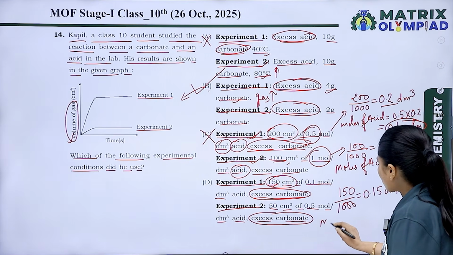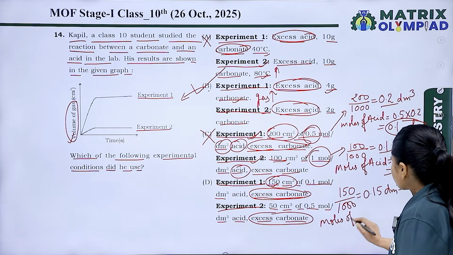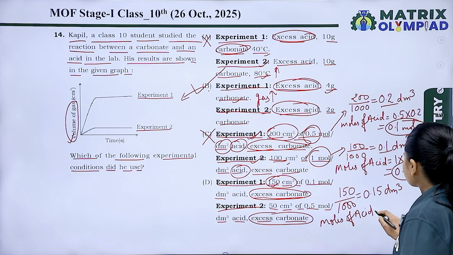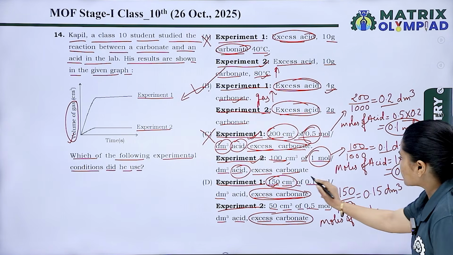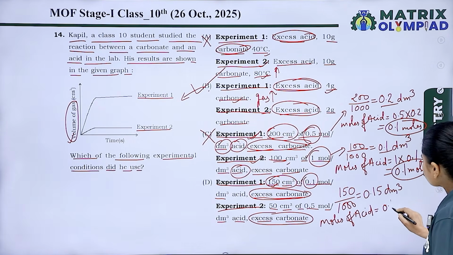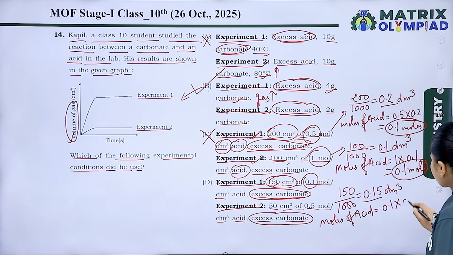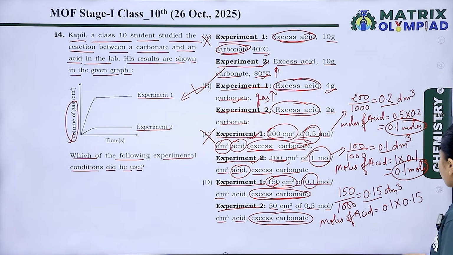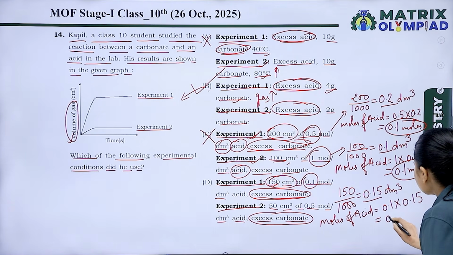Now moles of acid can be calculated by multiplying 0.1 into 0.15, so we get 0.015 moles.